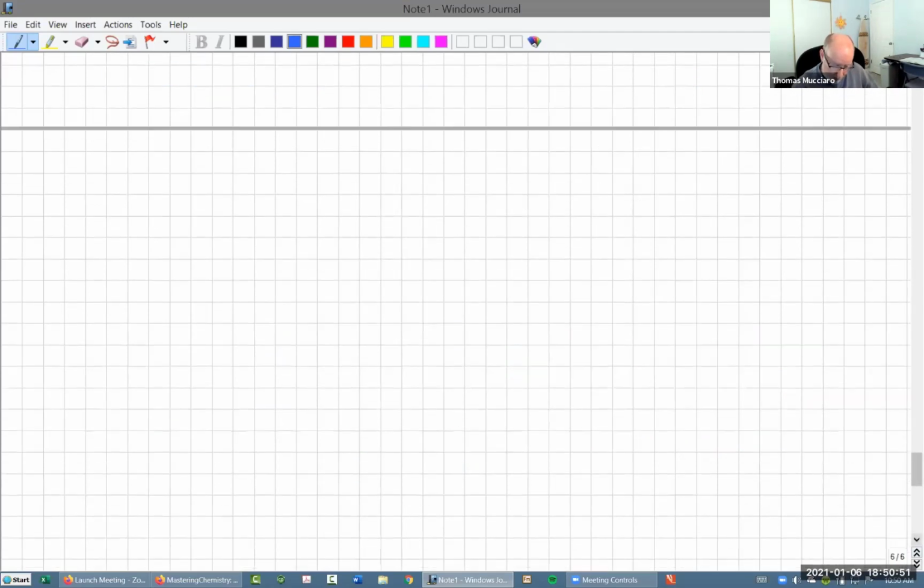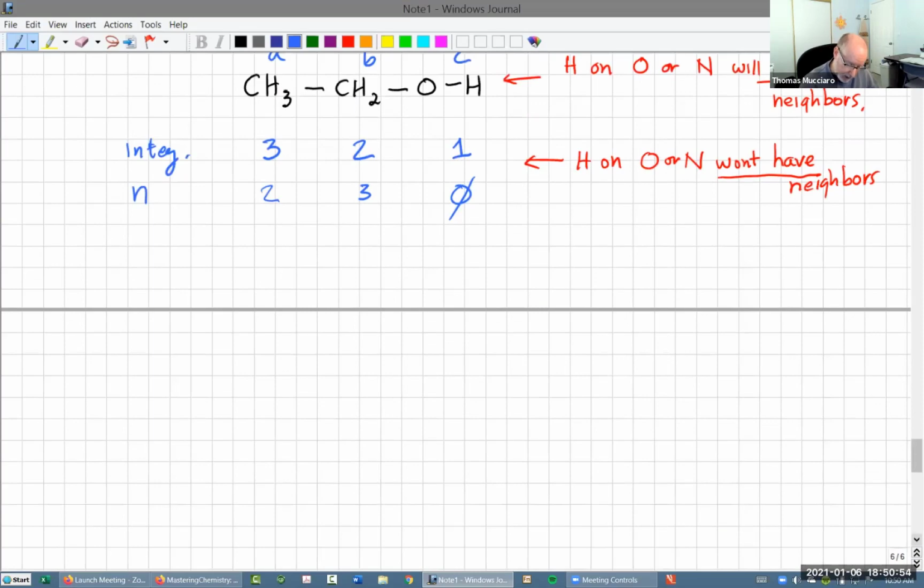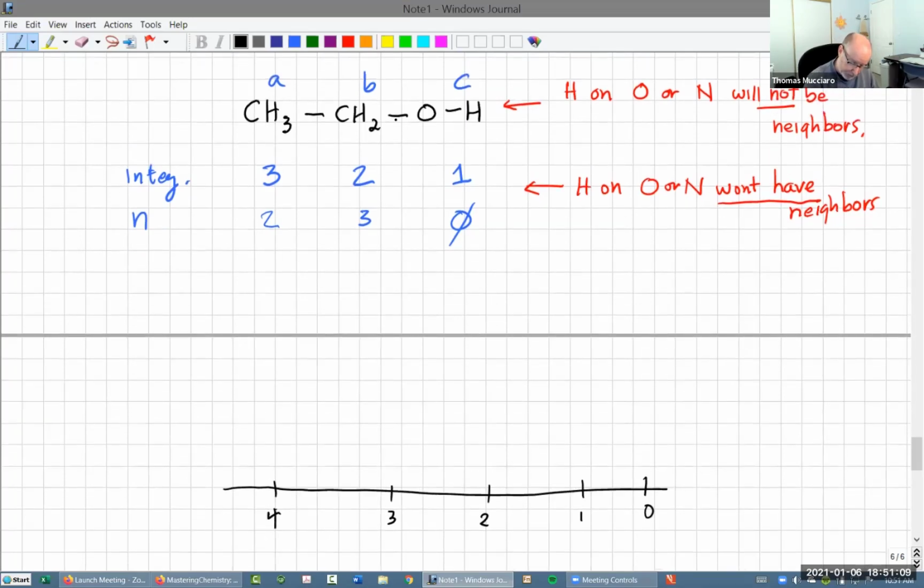Well, what the peaks will look like is this. So I'm going to go back. If we look, do you see here we have this and then that? There's a 2-bond electronegative atom. Do you see that? So that means that the electron density of these is going to be very low. They're going to be between 3 and 4.